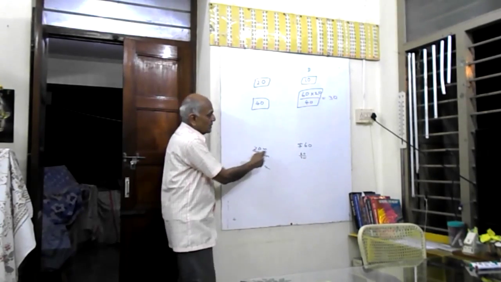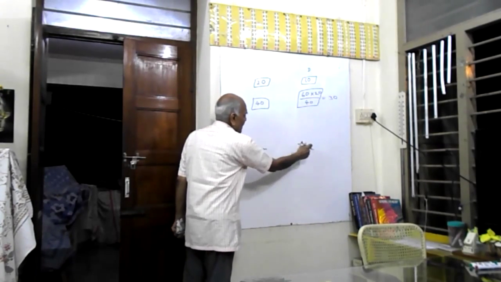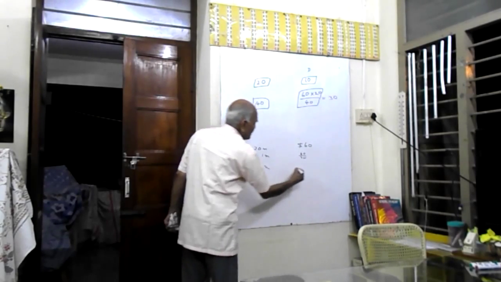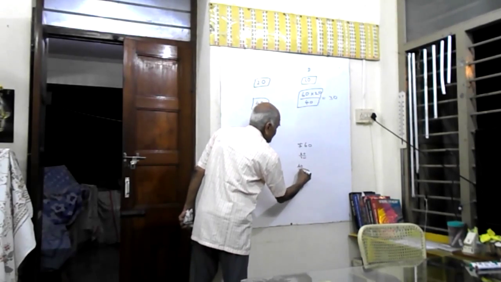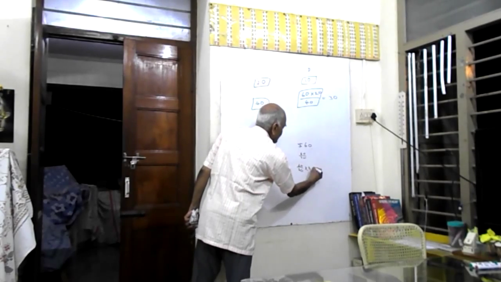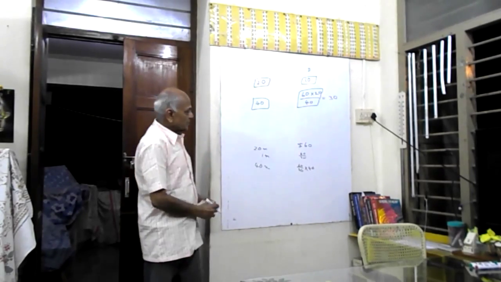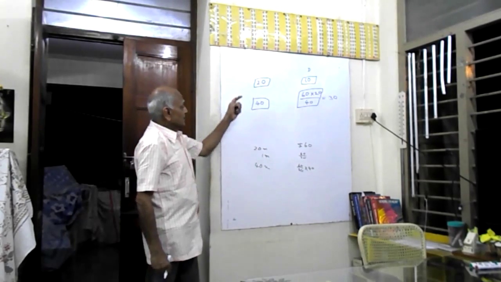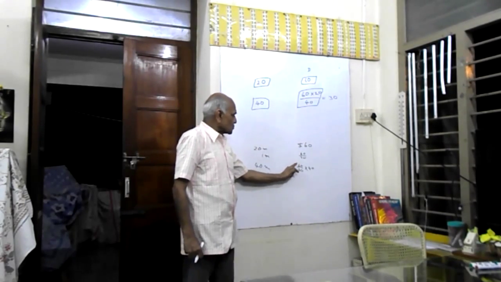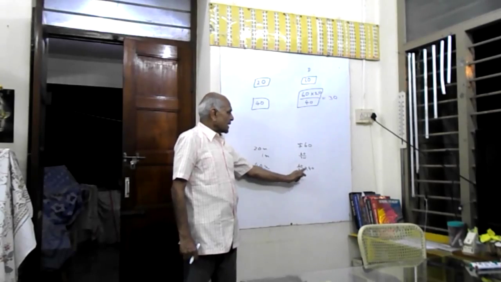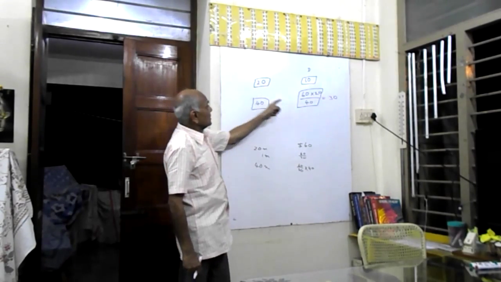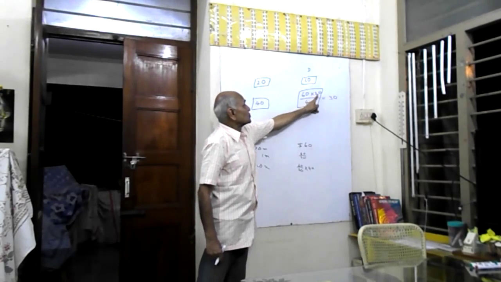Some number to 1, 60 divided by box 2 by box 1. 1 meter so much, so 40 meters will be 60 by 20 times 40. Be careful. In directly proportional, box 2 by box 1 times box 3. In inversely proportional, box 2 times box 1.